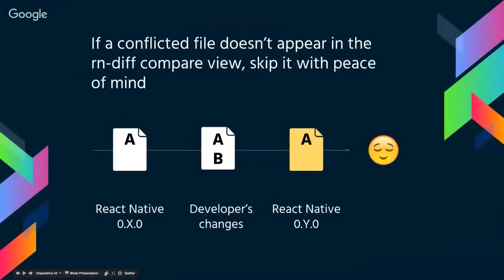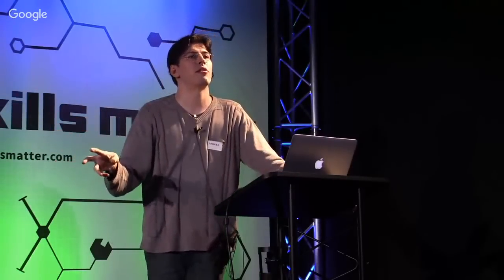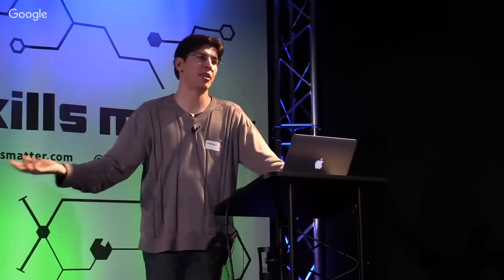It helps because you are able to identify the undesirable conflicts, like I said. If you upgrade React Native and you are asked whether to override a file or not, if this file doesn't appear in the rndiff, it means that it's not concerned by the upgrade. So you can skip it immediately without bad effect.